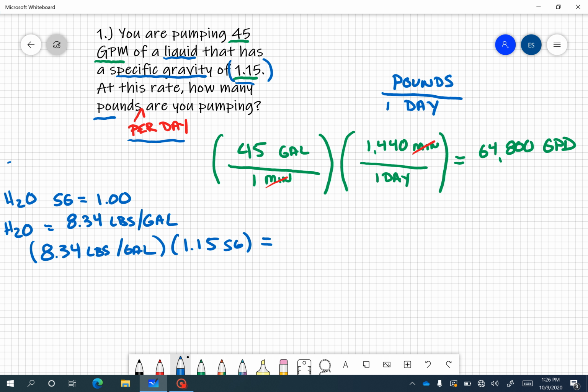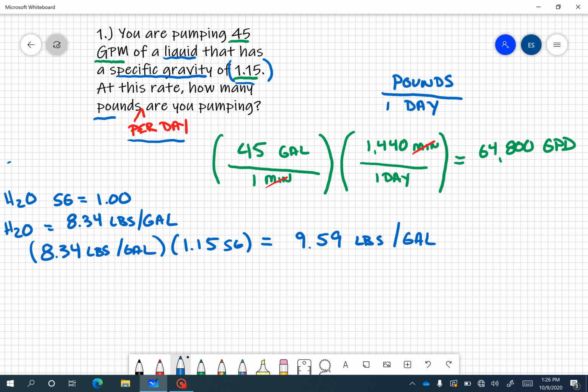So let's go ahead and do that. 8.34 times 1.15 equals 9.59 pounds per gallon.